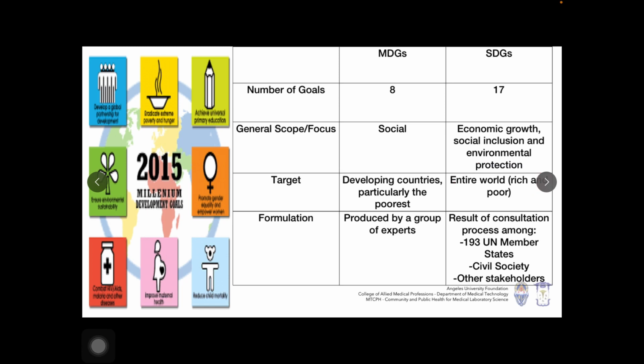So it is much broader because it involves the rich and the poor. And then for the formulation, the MDGs were produced by a group of experts, while for the SDGs, these are the result of consultation process among the 193 UN member states, among the civil society, and other stakeholders.